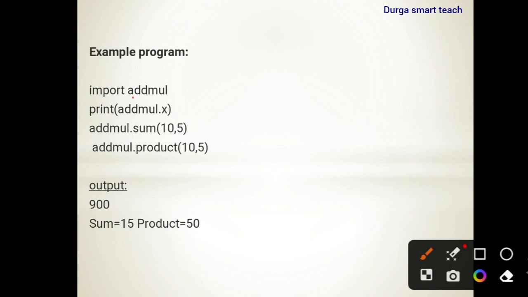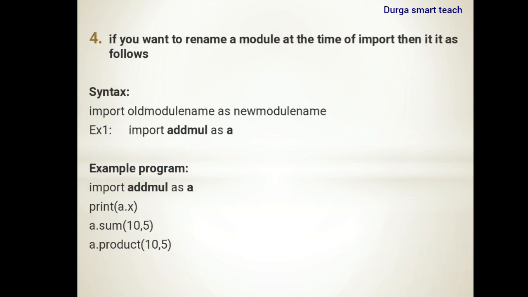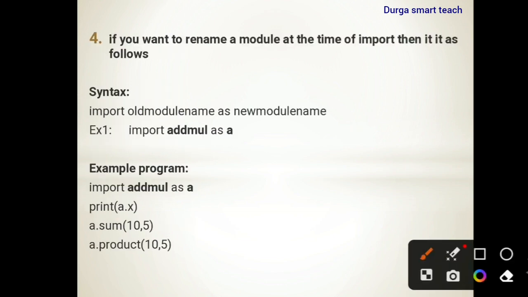If you observe, if you import like this, addmul, then whenever you are using variables or functions or classes of addmul, you need to use addmul dot function. So for this purpose you can use rename. Here the syntax is import old name as new name.